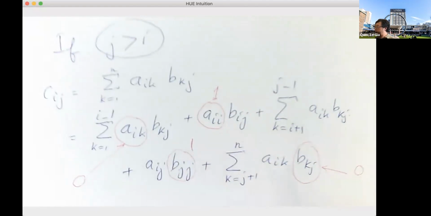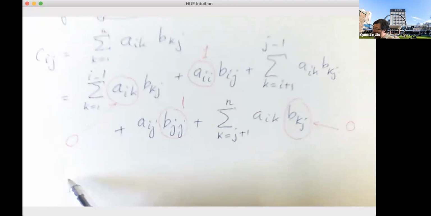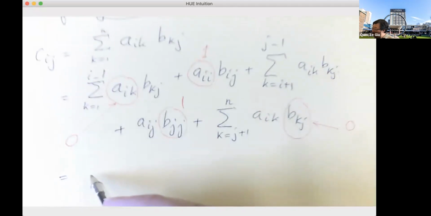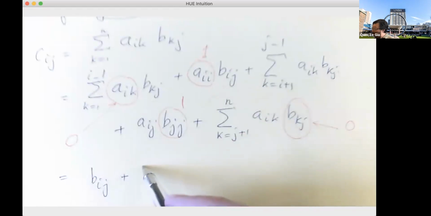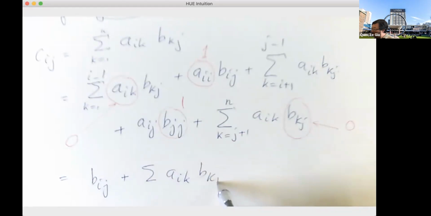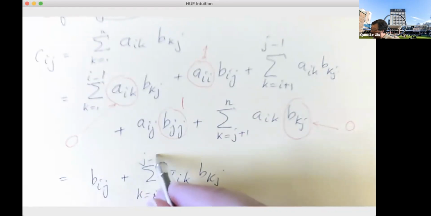So we can simplify this a little bit. At least I can get rid of the first and the last term. So now I have only Bij plus the sum of Aik, Bkj, k from i plus 1 to j minus 1.